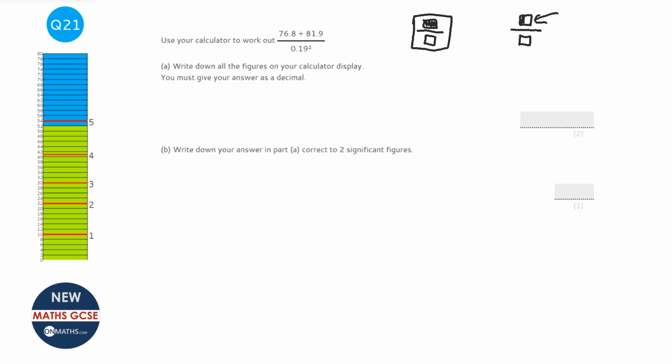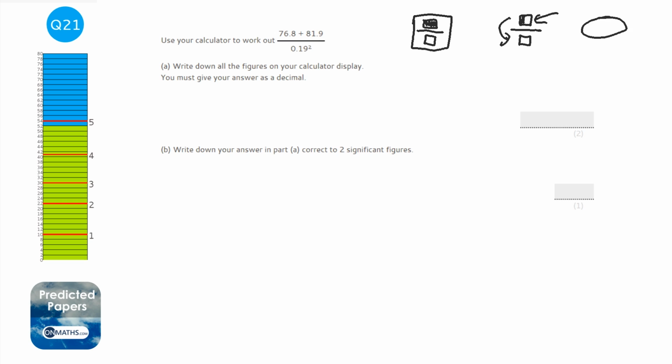Okay, so we want to fill in this top box first, since it's already flashing. So 76.8 plus 81.9. Okay, and so to shift downwards on the Casio calculators, there's a cursor stick, a direction button thing.